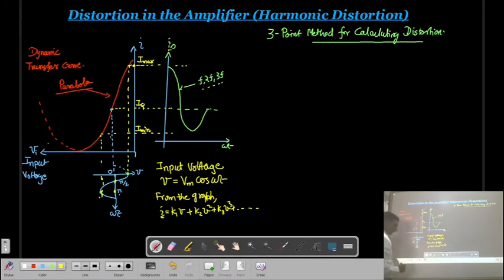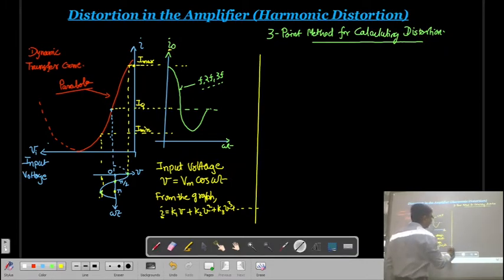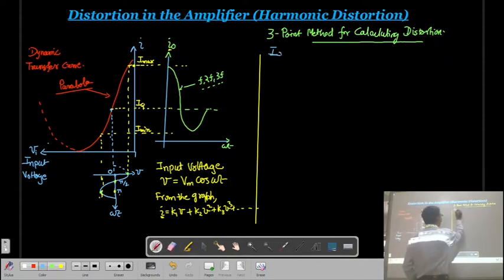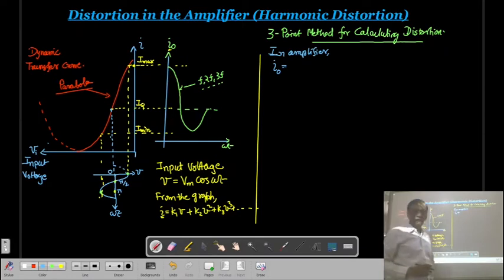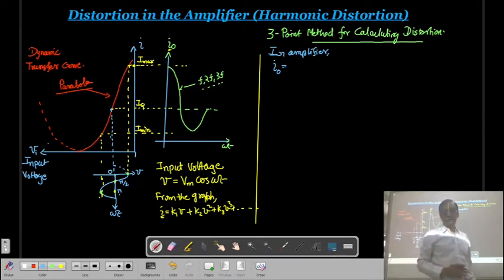Now remember that in the amplifier, the output current consists of two currents. One is called the DC current and the other is known as the AC current.